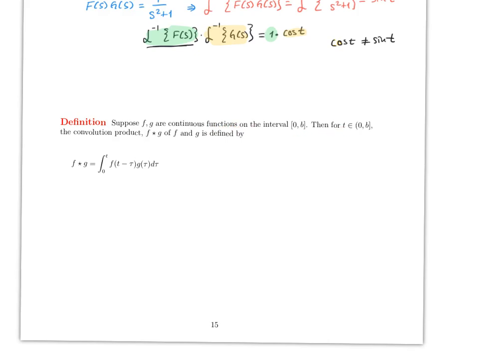Then for any t that is inside the interval, the convolution, denoted by f star g, of f and g is defined by this integral. All right, so here are the good properties of this.